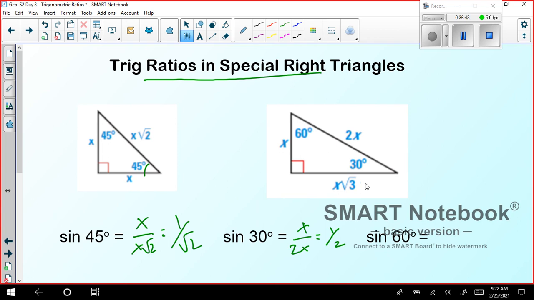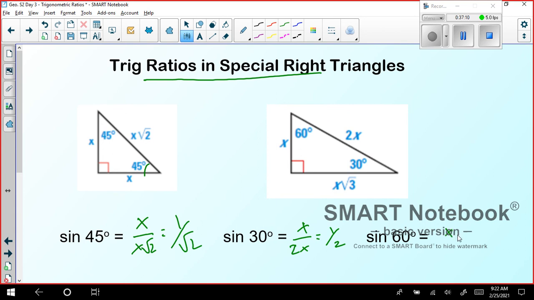In case of special right triangles, we had seen that the 45-45-90 triangle has both the legs equal and hypotenuse is x times root 2. In case of 30-60-90 triangle, we had seen the smallest side is x, the hypotenuse is 2x, and the other leg is x root 3. If you are interested in sine 60, the opposite is x root 3 and hypotenuse is 2x.